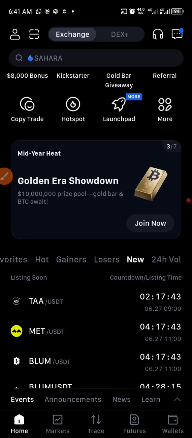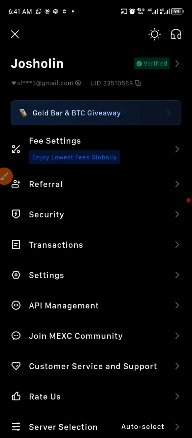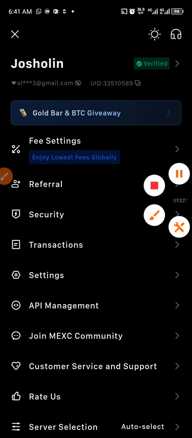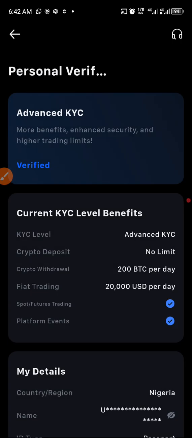All right, so once you've done this, the next thing you have to do is to go over and verify. You can see mine is verified already. For you to verify, all you need to do is come here and input your personal details.